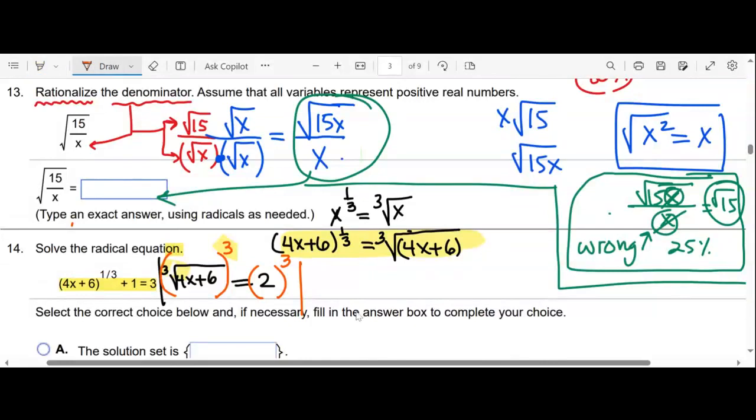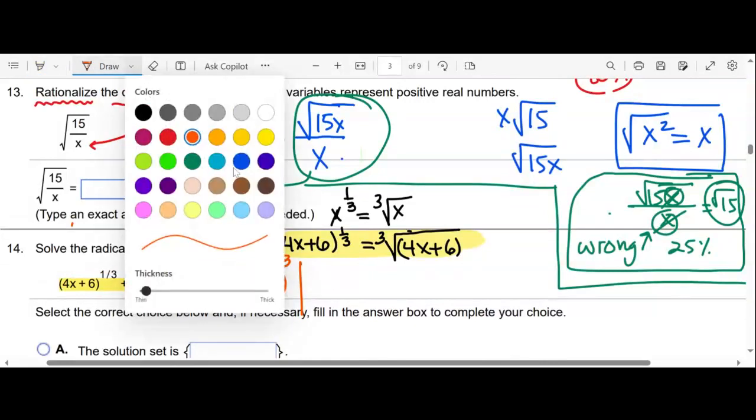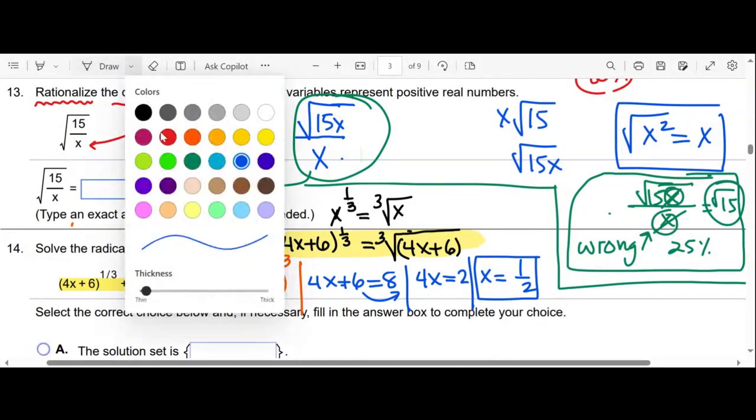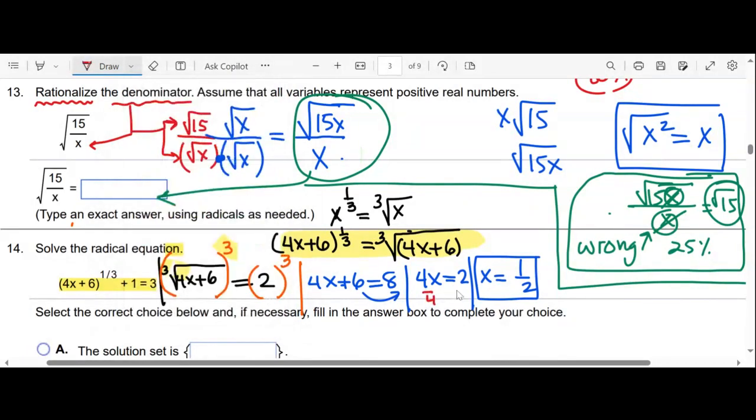Okay? So your answer will be as follows. You're going to say 4x plus 6 equals 8. Move the 6 to the other side. 4x equals 2. x equals what? 1 over 2, because I have to divide both sides by 4.